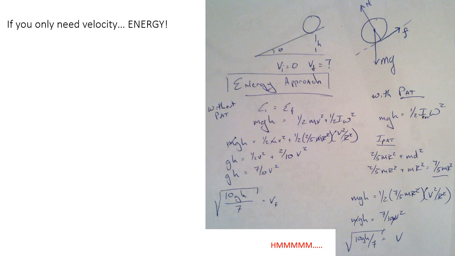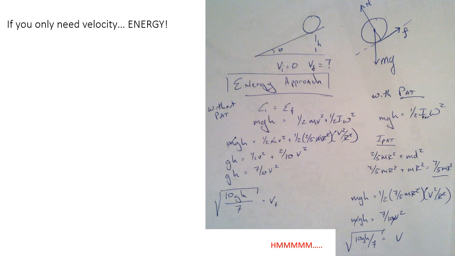So you can see how 2/10 v squared of the translational energy has gone into rotational energy. Add those together and solve everything out. So we get v final is the square root of 10gh over 7.